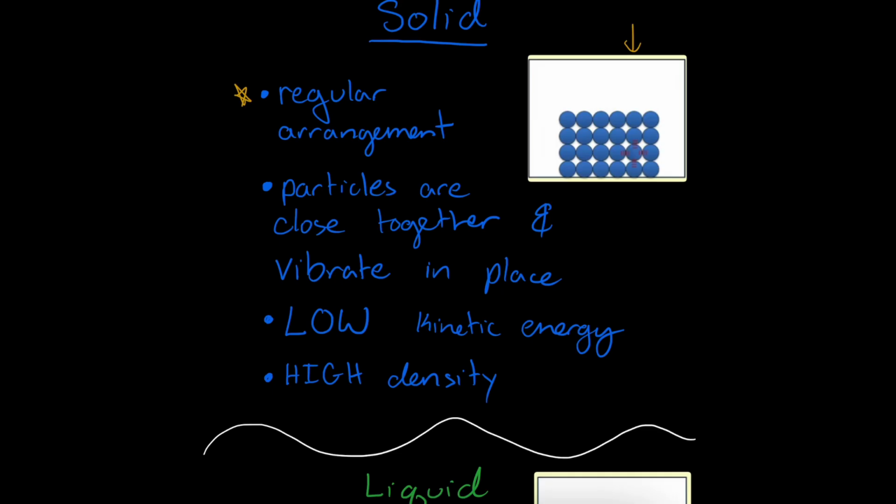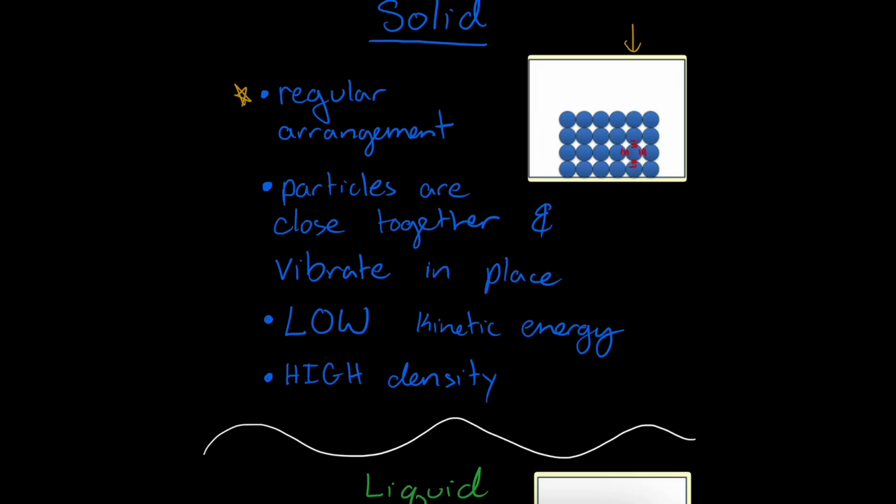One of the earmarks about solid, other than that regular arrangement, is that those particles are very close to one another. And you can kind of see over here in red these little lines surrounding one of the particles. And that means that there's a little tiny bit of movement. And that tiny bit of movement is just them vibrating in place very slowly.